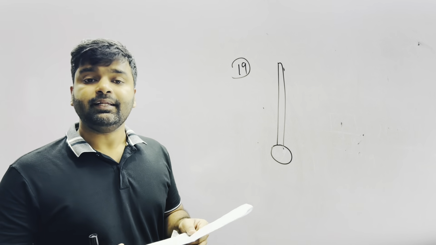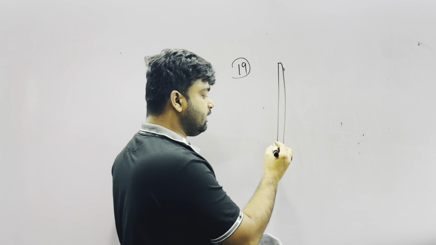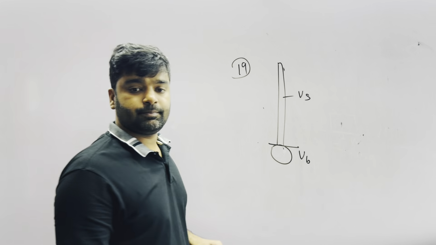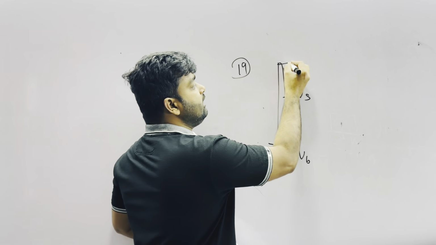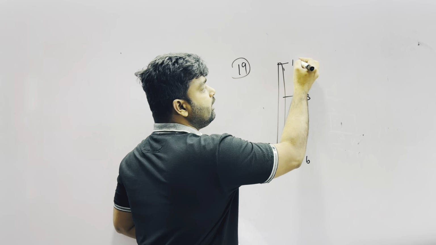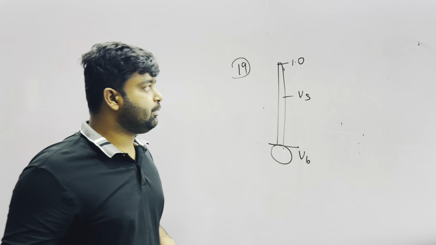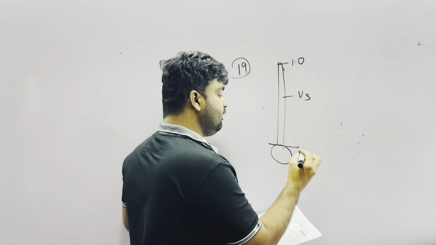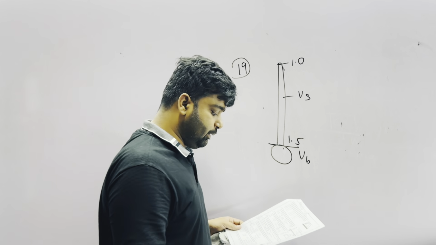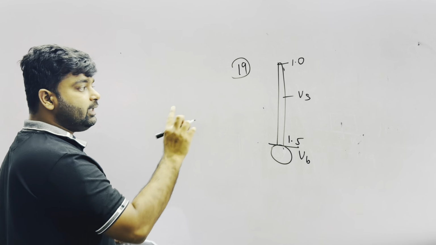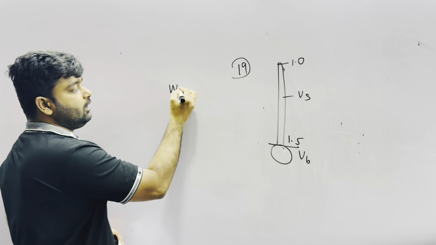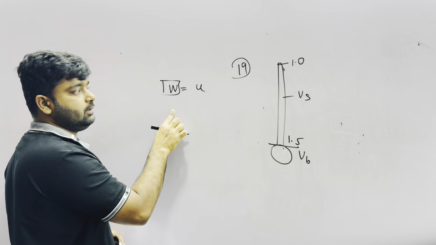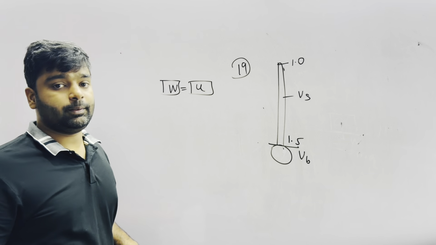Question number 19. The hydrometer is given. Let's take the volume of the bulb is Vb and the volume of the whole stem is Vs. When it is marked 0, it is floating in water. That means the relative density is 1. It's showing 10 when it is floating in a liquid of density 1.5. When the hydrometer is floating, the weight of the hydrometer is equal to upthrust. Weight is always constant. Therefore, upthrust will also always be equal.